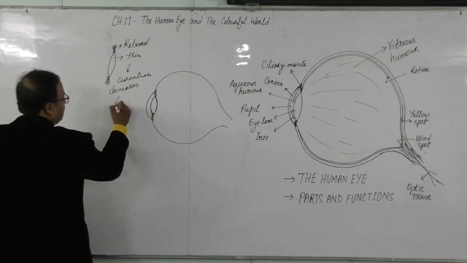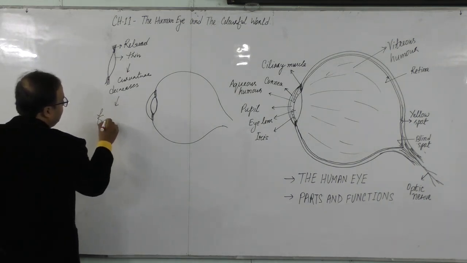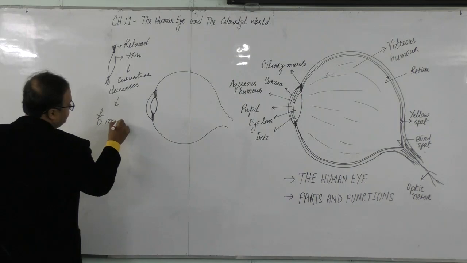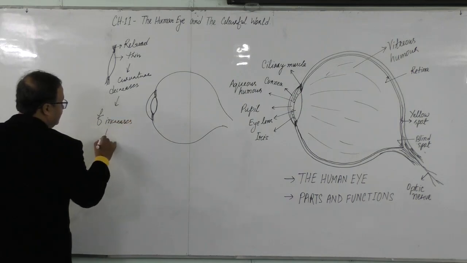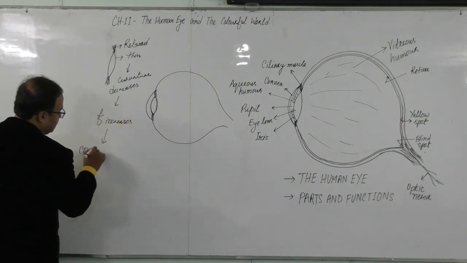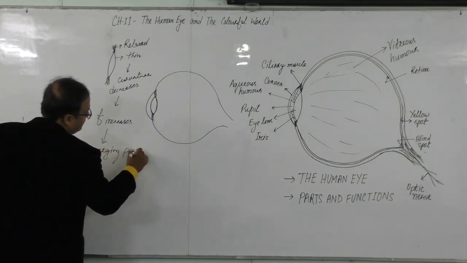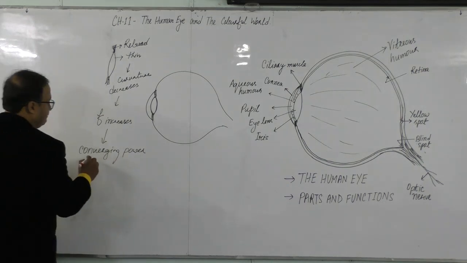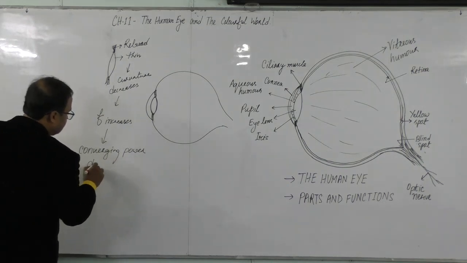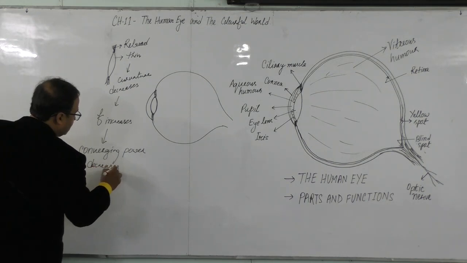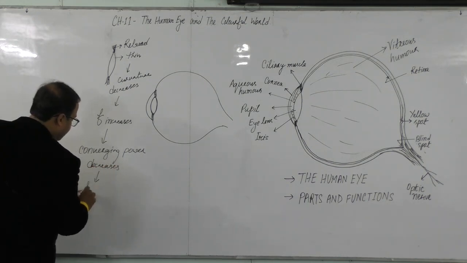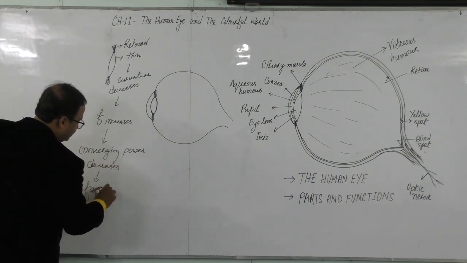When its curvature decreases, its focal length increases. When its focal length increases, its converging power decreases, and this helps in far vision.